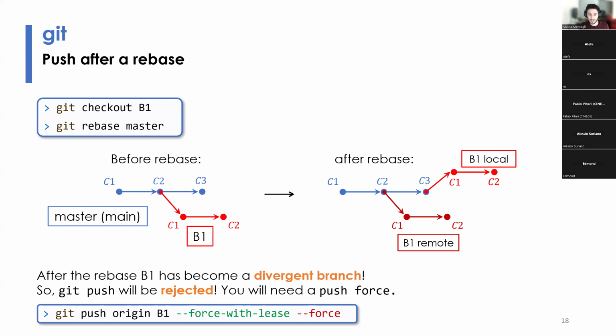Or, to be safer, a git push force with lease, this green option. Since git push force can delete stuff and make a mess on the remote repository, it is not very recommendable. Git push force with lease instead is a safer option that won't do any harm.